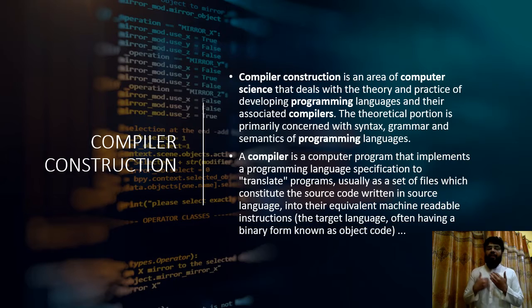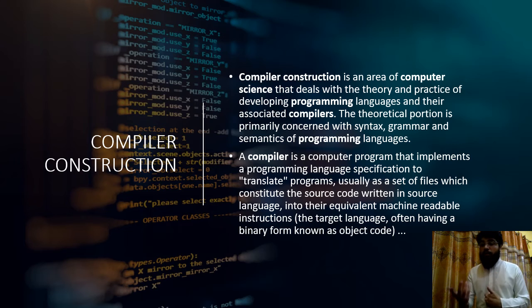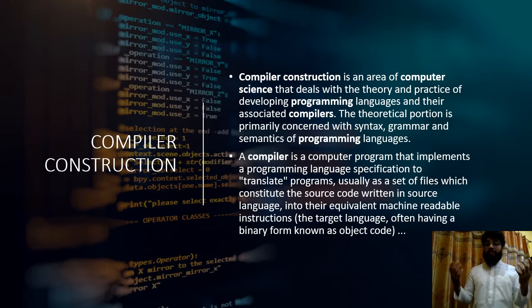So first we introduce compiler construction. What is compiler construction? How to introduce these topics and what is the importance of compiler construction in our computer departments, in computer societies or languages or any other programming?